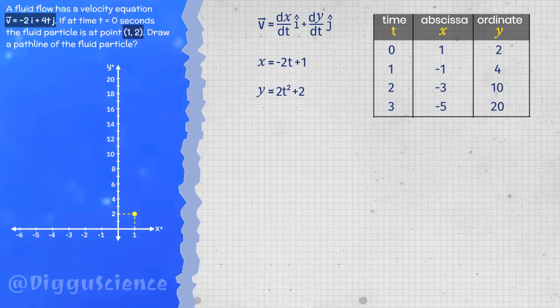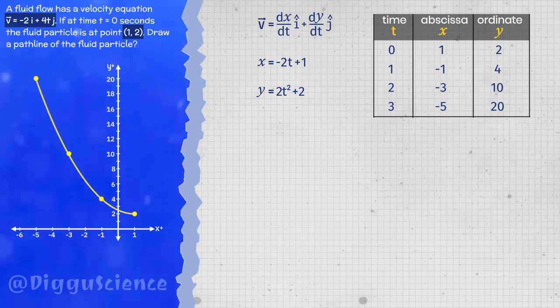Initially the particle is at (1, 2). 1 second later the particle is at (-1, 4). At t equals 2 seconds, the particle is at (-3, 10). And so on. It looks like the path line is parabolic.